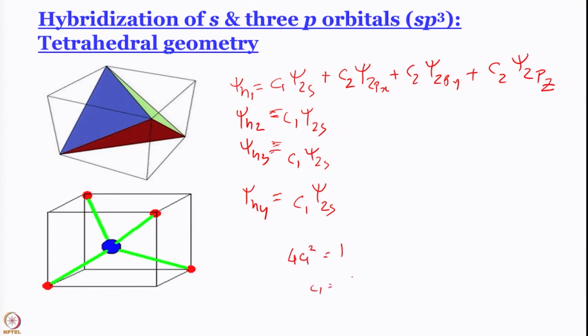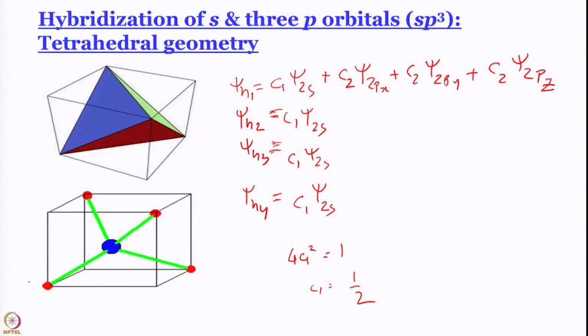So, C1 is equal to half, simple, plus half or minus half, whatever, does not matter. We can take either plus half or minus half, all that will change is your p orbital will look either like this or like this, nothing else will change. In fact, you will see a situation coming very soon in which we are going to use a negative coefficient for psi 2s knowingly. Okay, C1 equal to half, that is done.